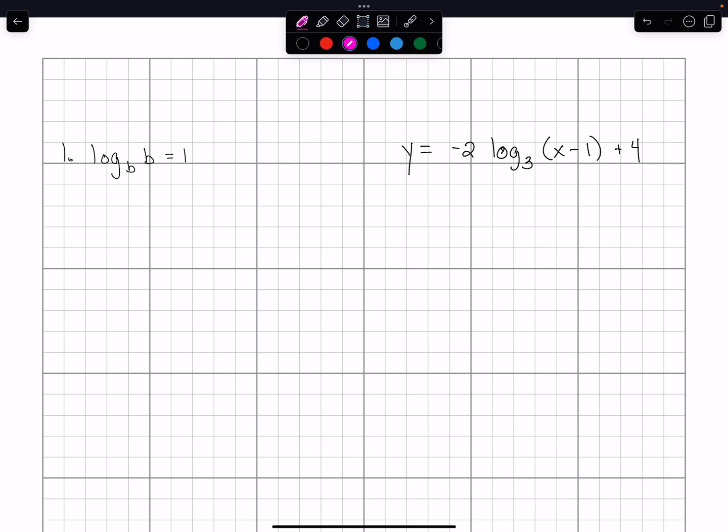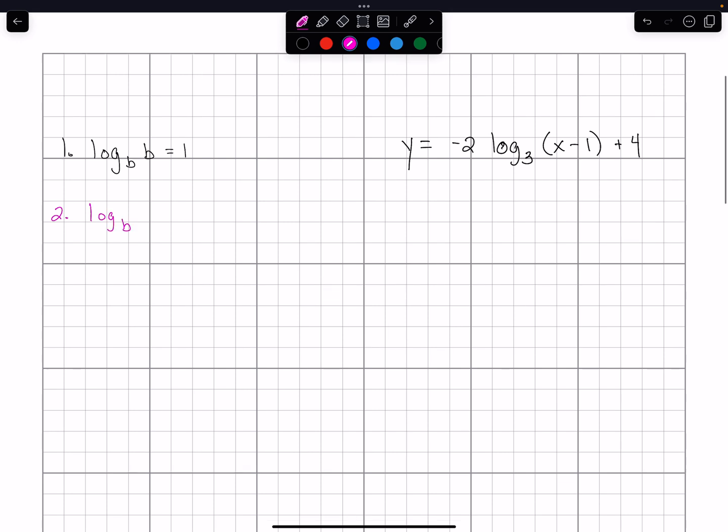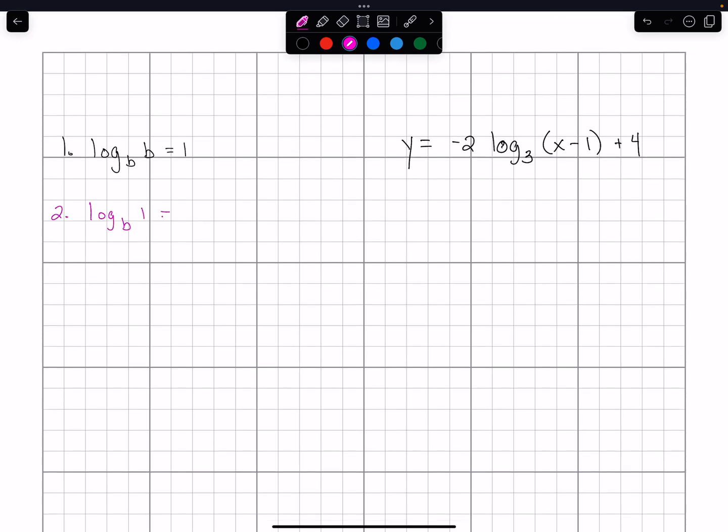Second one I'm going to refer to is log base b of 1 equals 0. For example, if this was just log base 3 of 1, that's going to equal 0.